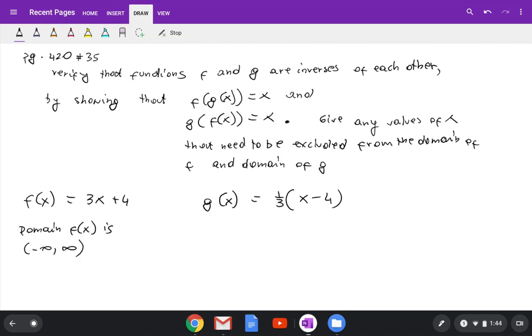So we don't need to exclude any values. For g of x, technically, if you distribute 1/3, you're also getting the function in the form y equals mx plus b, slope intercept form. This is linear. So domain of g of x is all real numbers, which means from negative infinity to infinity. So we don't need to worry about excluding any x values because domain is all real.